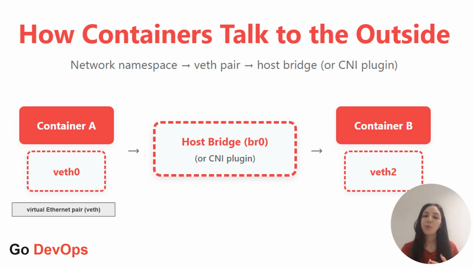Here's how it works. Each container gets its own virtual network interface, connected to one end of a veth pair, and the other end is attached to the host bridge, usually something like docker0, or to a network managed by a CNI plugin. The bridge acts as a gateway.